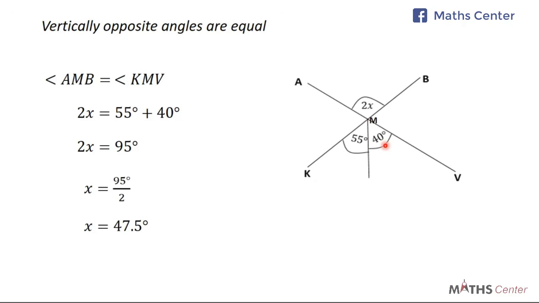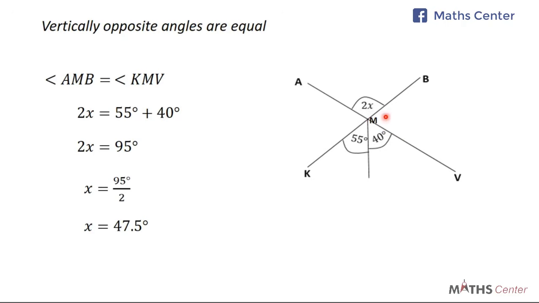Somebody can also pick another way. Now you can see that the angle that we have here, the empty space that we have here, 55 degrees plus 40 degrees plus this angle that we have here will give us 180 degrees, since angles on a straight line is 180 degrees. Now when the person finds that, you can say that 2x and that angle that you are going to have here is also angles on a straight line, on the straight line AV.